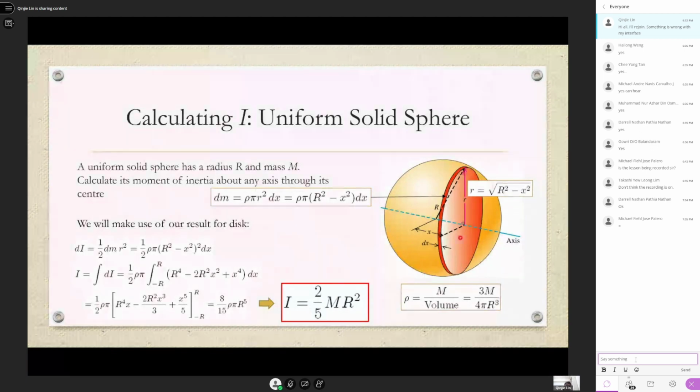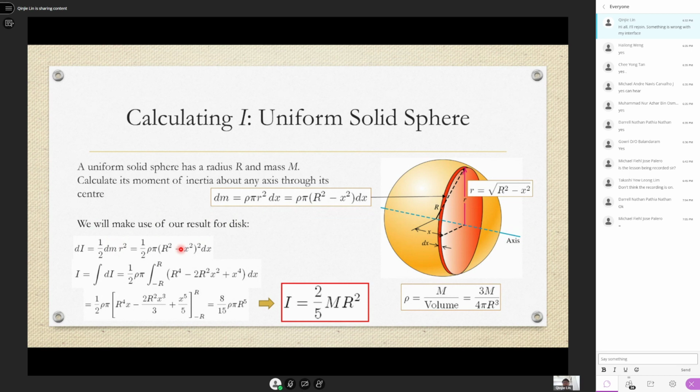Basically, why we do all this is, again, we want to find some relationship for dm in terms of something that is doable. Down here, same thing, except we will make use of our result from the previous derivation. We already know the moment of inertia from that, so we will continue from there, but we still have this m that we need to replace.